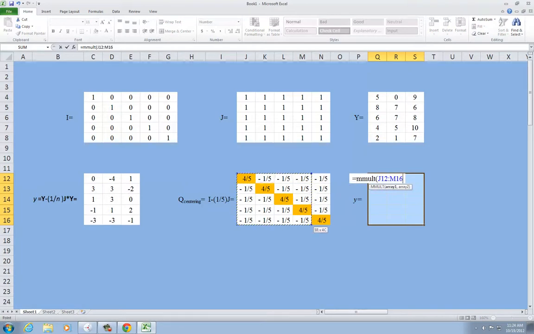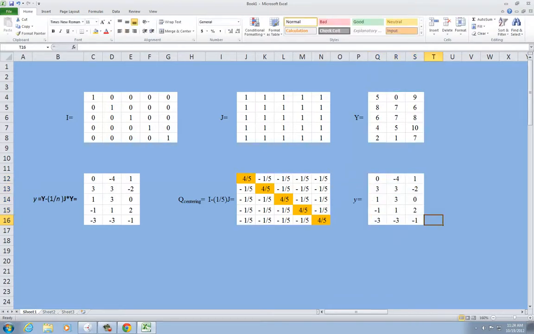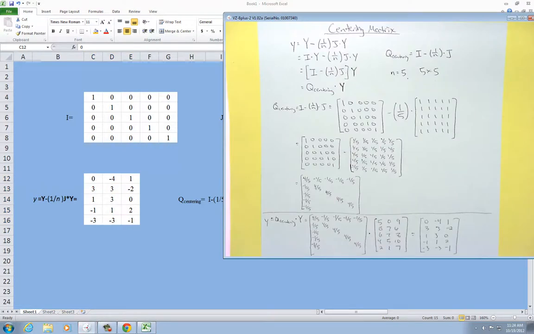Take our centering matrix, comma, Y matrix, Control Shift Return. And you compare these two and we get the same thing.